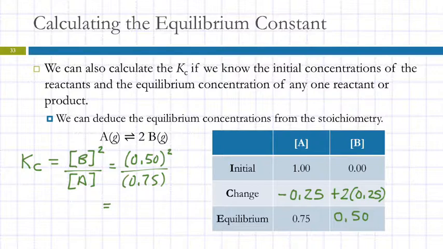So 0.5 squared divided by 0.75. 0.33. Any questions? Make sure that you understand what I did here. Otherwise, the rest of it's not going to make any sense.